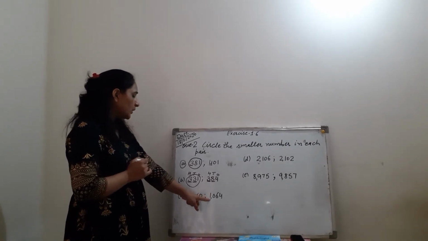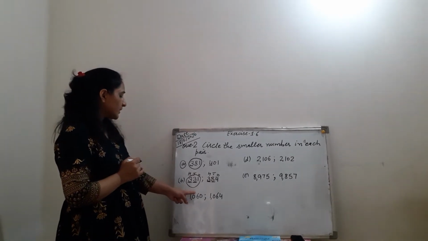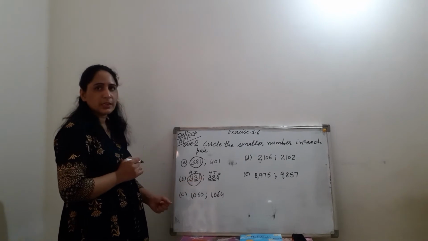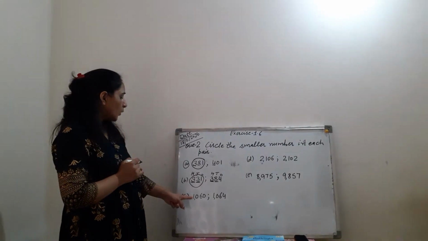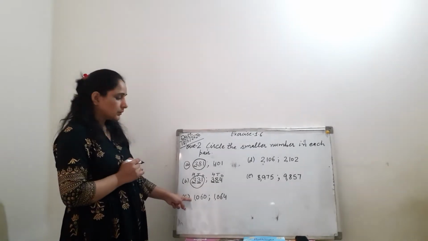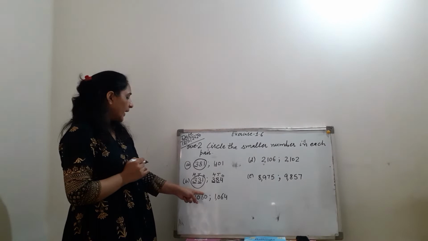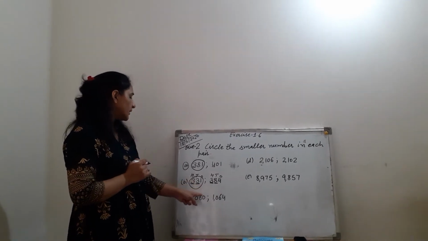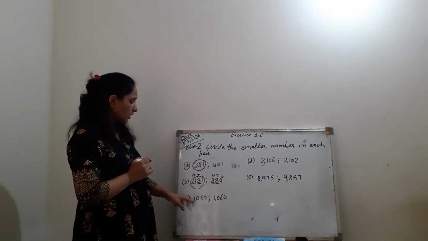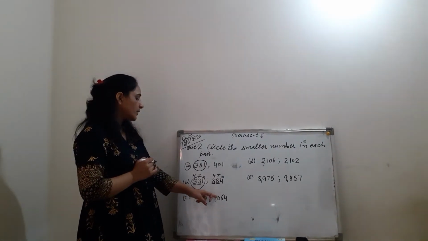Now part C, 1060 and 1064. Let's see. Ones, tens, hundreds, thousands. Ones, tens, hundreds and thousands. Now see here, in the thousands place, both have 1. In the hundreds place, there is 0. And in the tens place, there is 6. There is 6. So in the thousands, hundreds and tens place, there is 1, 0 and 6.